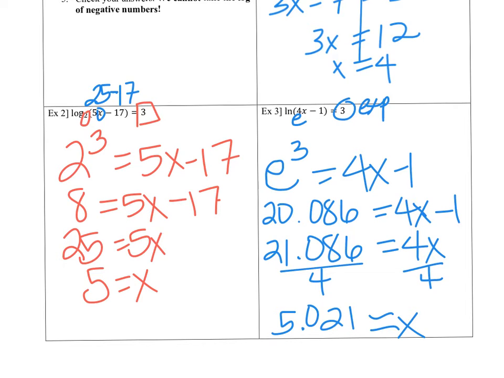If I plug it back into my original equation, we have 4 times 5.021 minus 1, and we want that to equal 3, which is not going to give me a negative. I will still have a positive, so we should be good to go there.